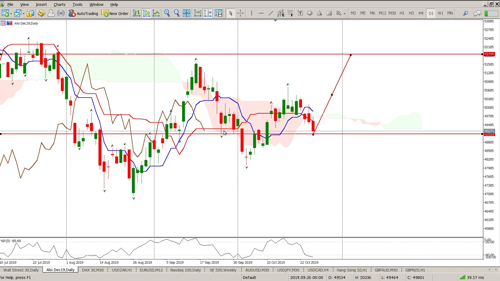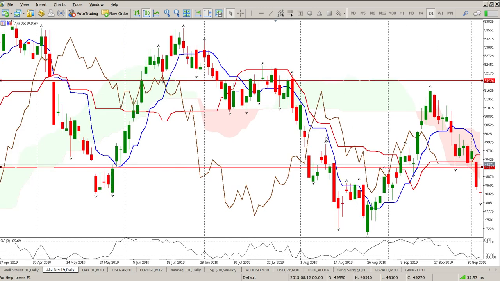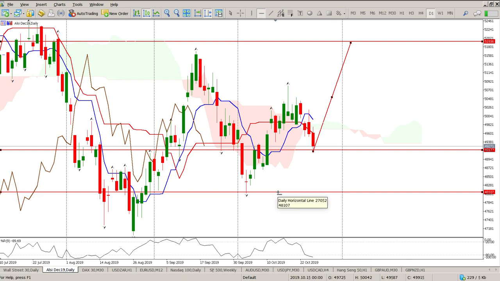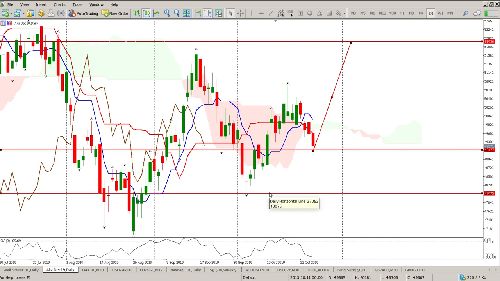And you can see there is my previous fractal on the daily. Okay, 49,177. So that 49,200 area where we got to, that's the area that we're looking to move off. Okay, the area that's going to mitigate that is pretty much 48,075.